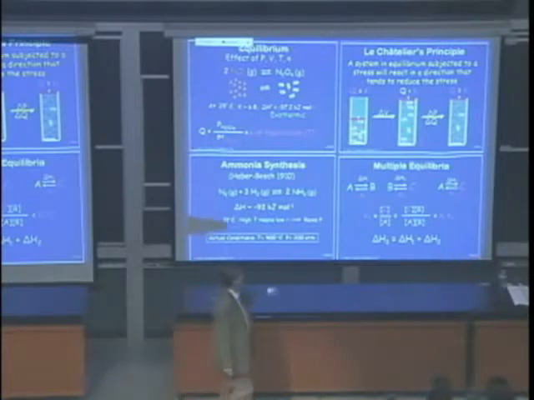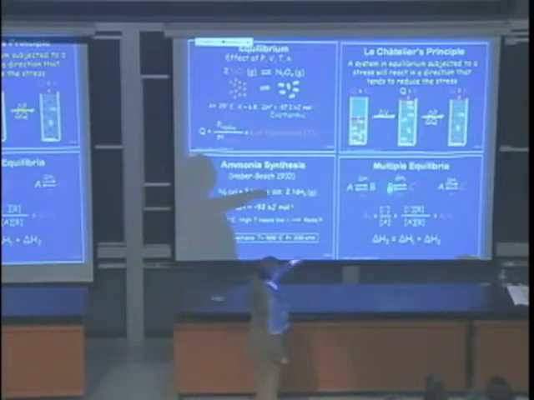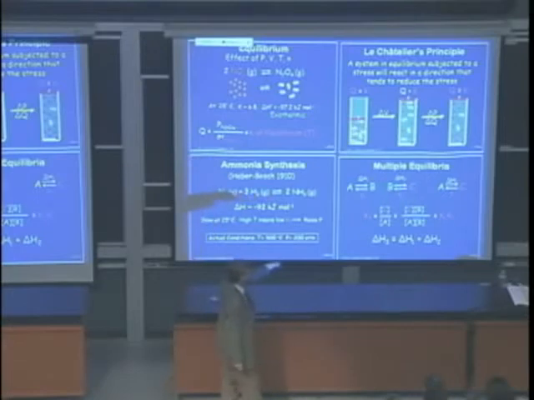And then we have talked about multiple equilibria. We know the equilibrium constant for an equilibrium between A and B, and we know the heat of reaction, the change in the heat of reaction. So we know also from B to C, we know the equilibrium constant and the heat of reaction, we call this delta H2.